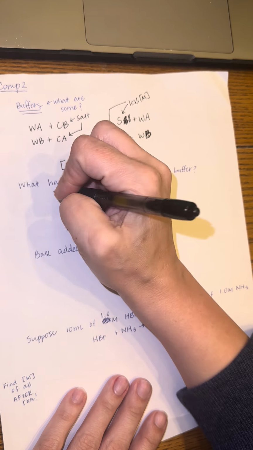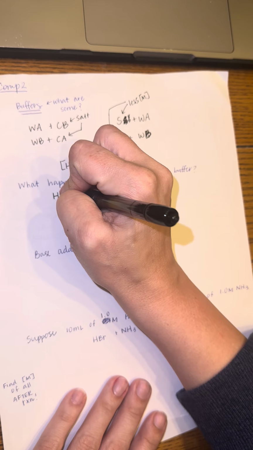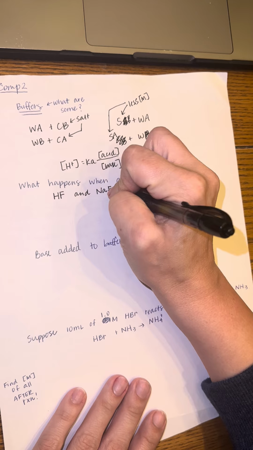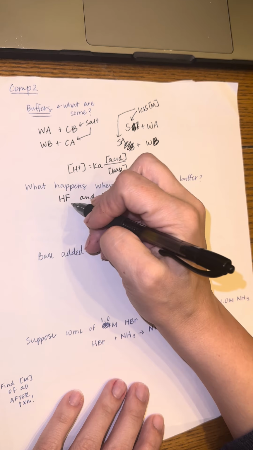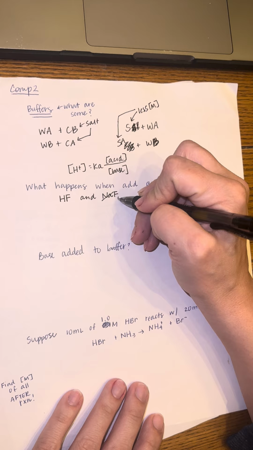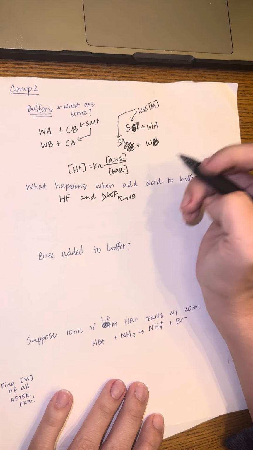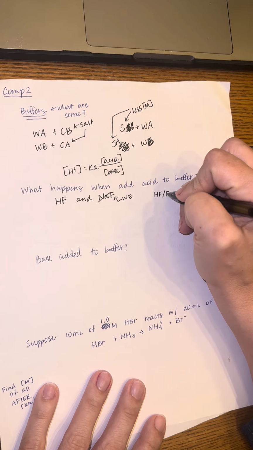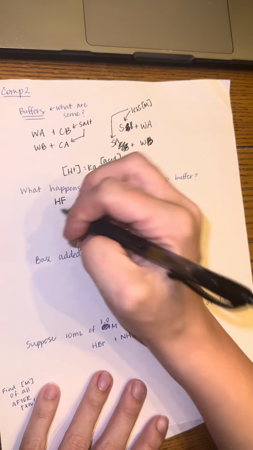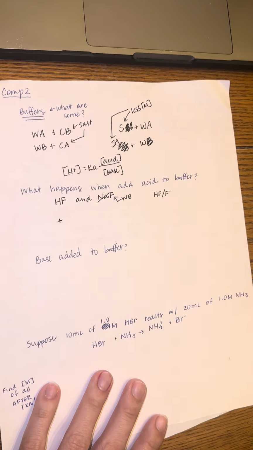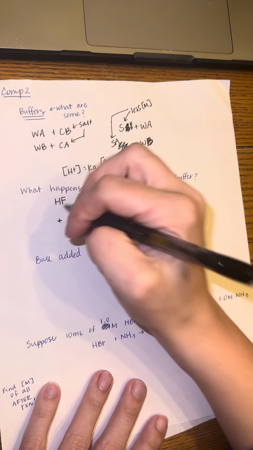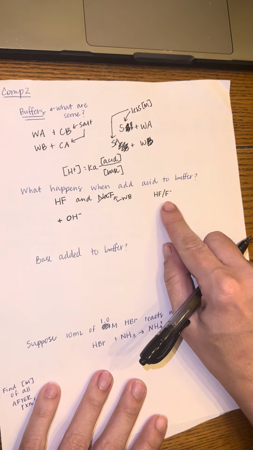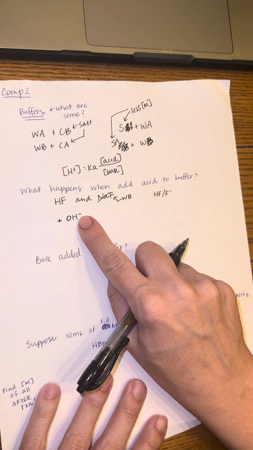So for example, let's say I have a buffer made of the weak acid HF and the salt NaF, right? So this is a buffer because this is a weak acid. This salt we would ignore, and right there is a weak base. And so my buffer is HF and F minus ions. So let's say I add a base, like some random base, to this buffer system. Well, bases produce hydroxide. So you have to ask yourself, which one of these can neutralize that so our pH doesn't change?